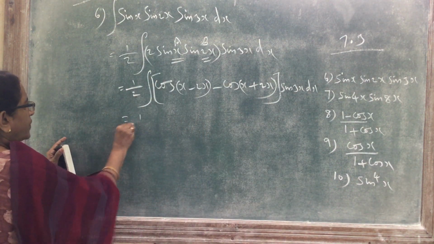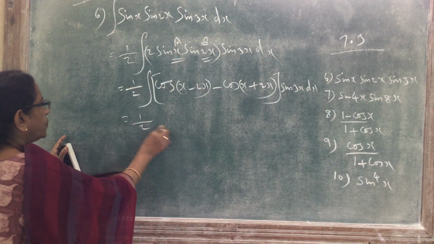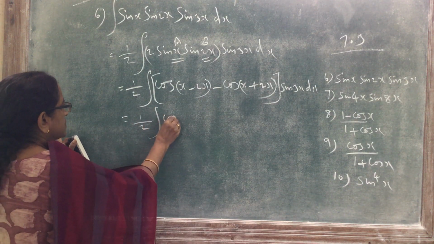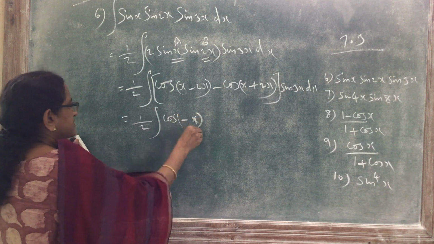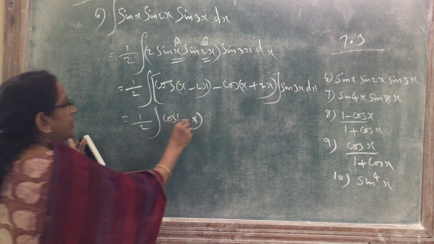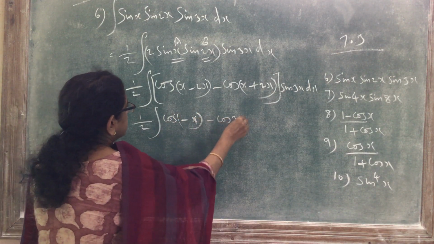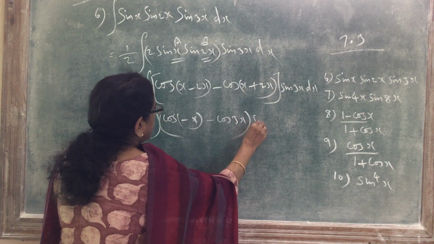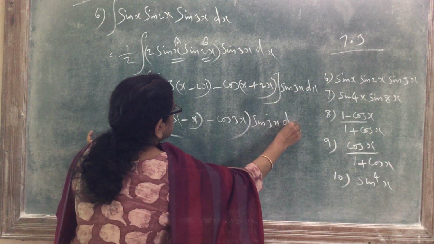So that is equal to half into integral of [cos(minus x) minus cos 3x] into sin 3x dx.